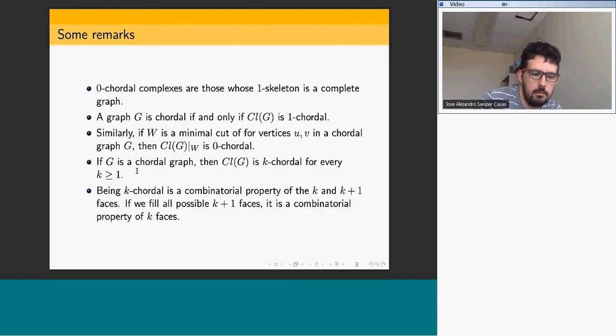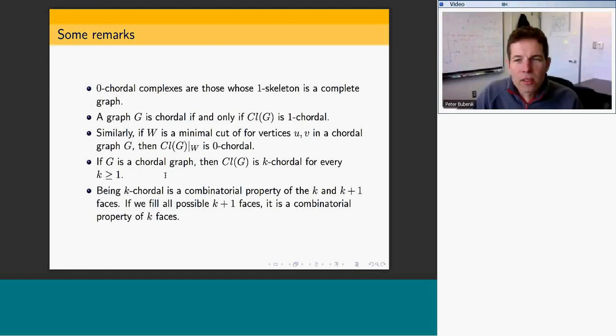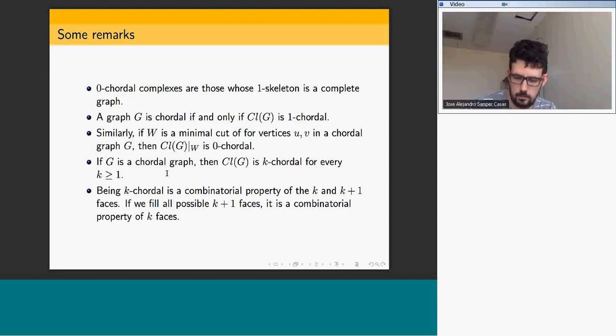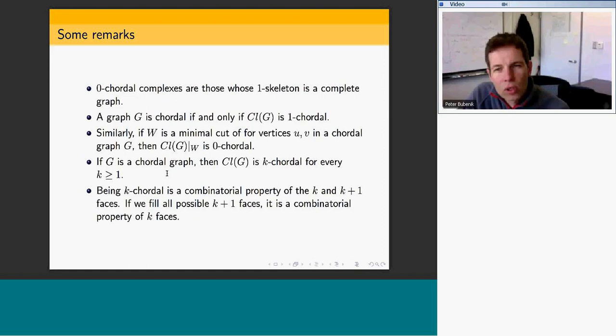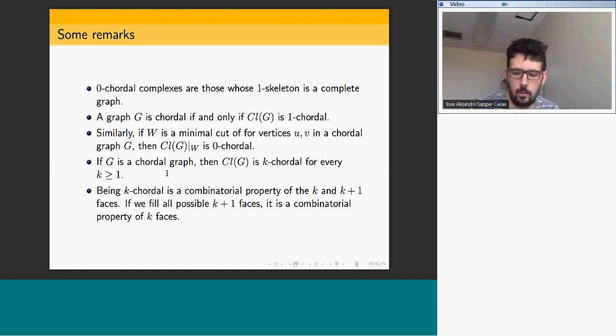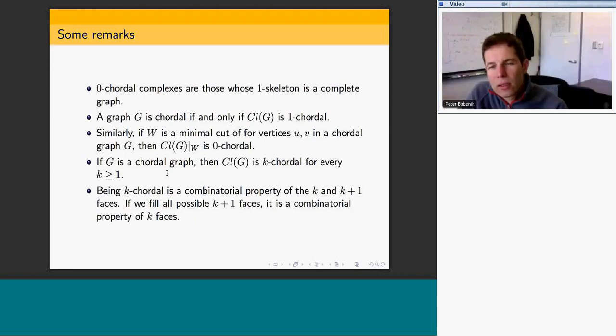Yeah. I'm trying to understand this, and I think I'm a little confused. So, if we take, for example, the square, so that's not chordal, no. Chordal, is that right? Because it's not complete, right? The diagonal isn't there.